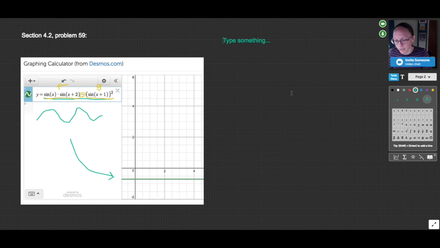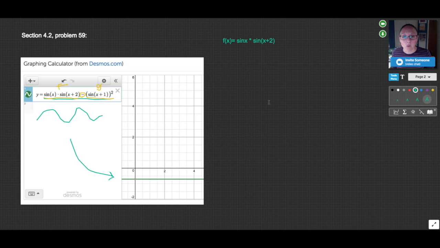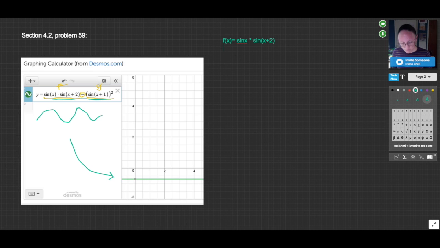First of all, we'll let f of x be equal to sine of x times sine of x plus 2. If I go to take the derivative, I'm going to have to use a product rule. So f prime of x: derivative of sine is cosine, and then we'll leave the other piece alone.